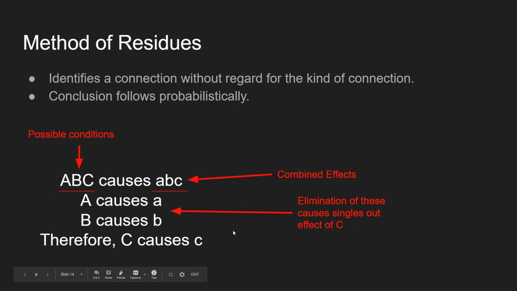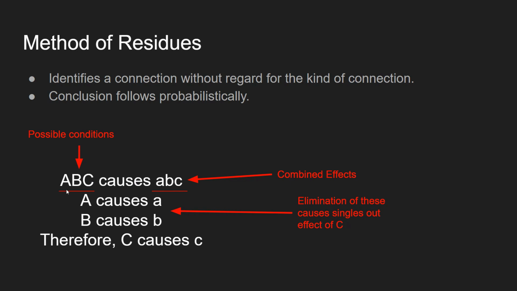That's the conclusion we can get to by having eliminated the other possible causes. So we've got a few causes that are combining to produce an effect, which is the draft. And by removing all the other possible causes and their effects, we can conclude that whatever cause is left over is the cause of the residual effect on its own.